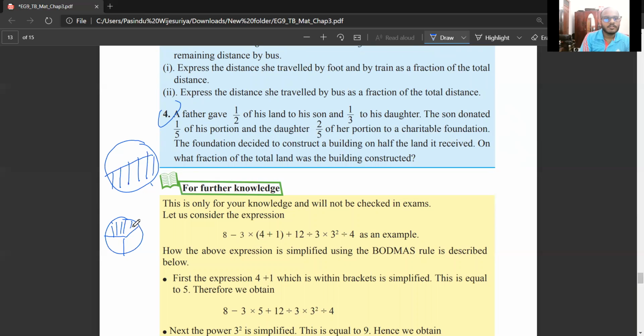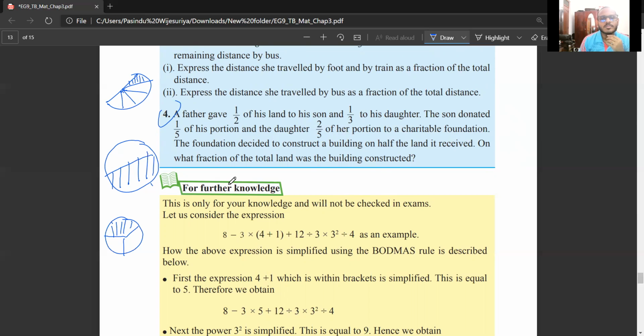The son donated 1/5 of the portion. So from that half, if we can divide that half, he donated 1/5 of that portion.